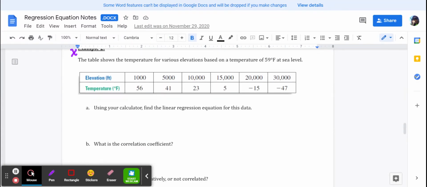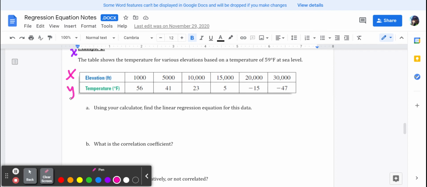So then we're going to look at example 2. Now, you can notice some things that are happening from your data here in number 2. We have much larger values, and that is okay. So we're going to use our calculator to go in first and determine all the values that I need. So my elevation will be my X value.